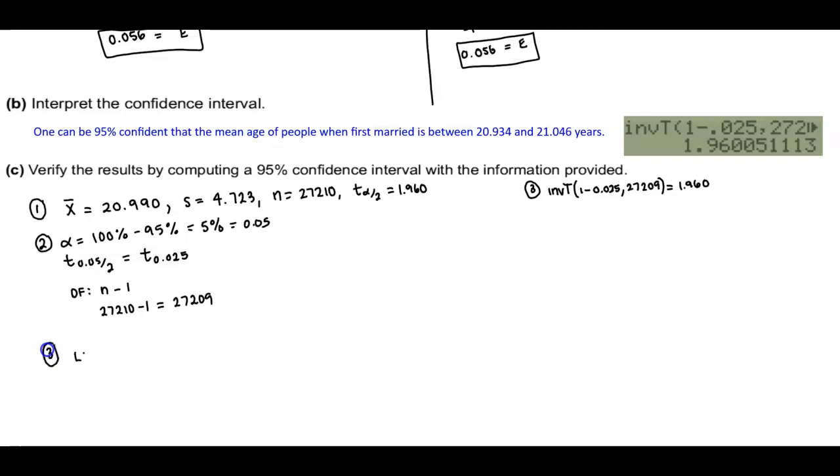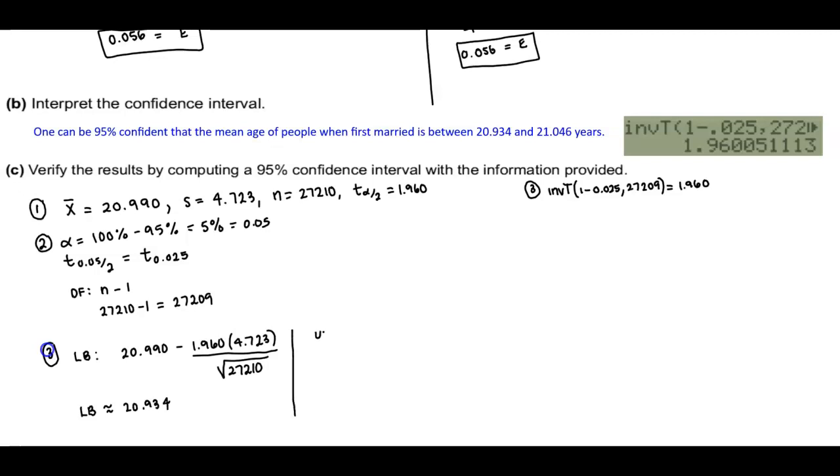Now that we have that, we can find our lower bound and upper bound. The lower bound is going to equal the mean, 20.990, minus the critical value of 1.960 times the standard deviation of 4.723 divided by the square root of 27,210. Therefore the lower bound is approximately 20.934.